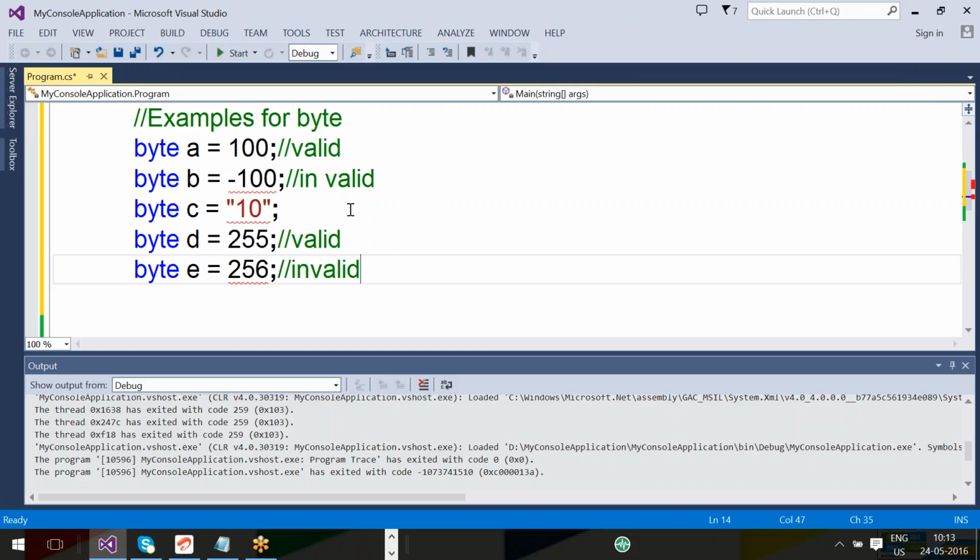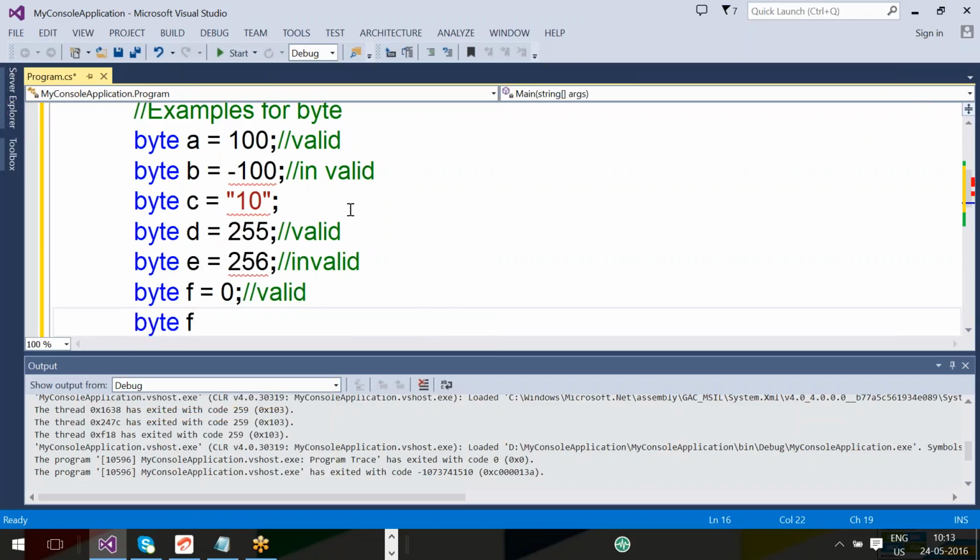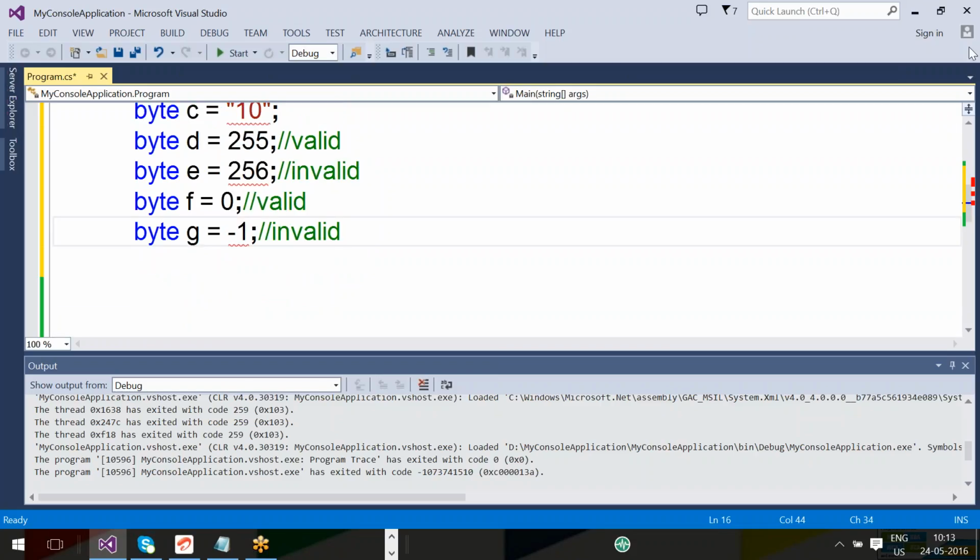Byte F equal to 0. Valid. Byte G equal to minus 1. Invalid. Okay, very good. Up to here, okay, fine.